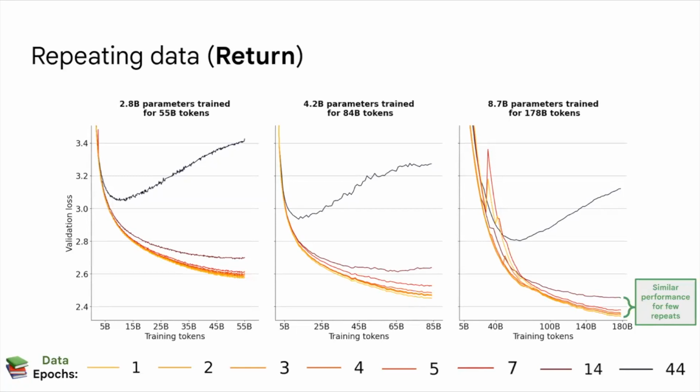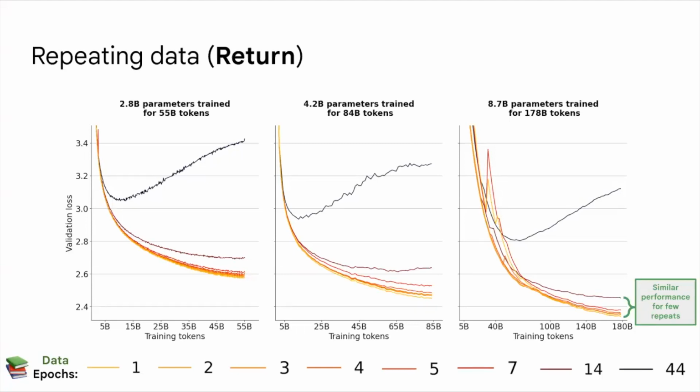Sorry, I was muted. So this is where I see the point you made about the decay that explains the data repetition. This is something that is backed up empirically, right? You have these plots showing that you can just as well have 4 epochs on 1/4 of the data and get the same loss that you have with the entire data.